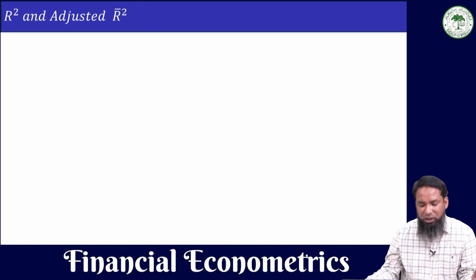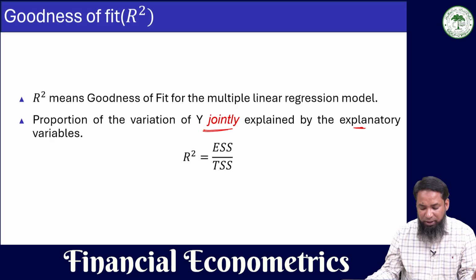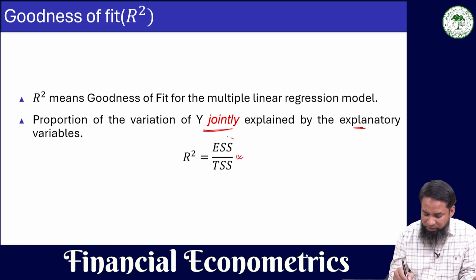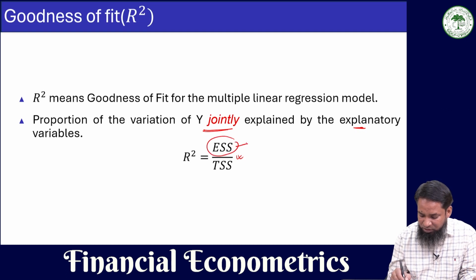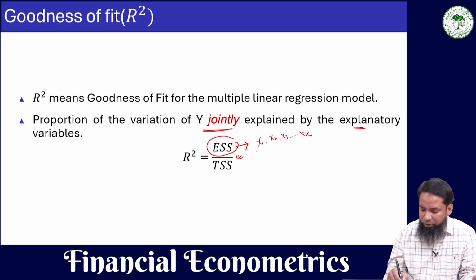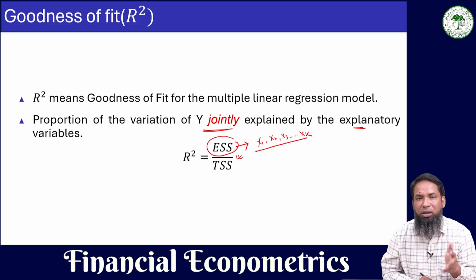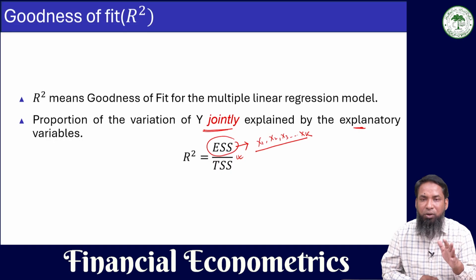Again the formula remains the same. The only thing is that for the explained sum of squares, all the explanatory variables are responsible. However, once we move from the two variable regression model to the multiple linear regression model, there is another concept related to r square that we must discuss here.